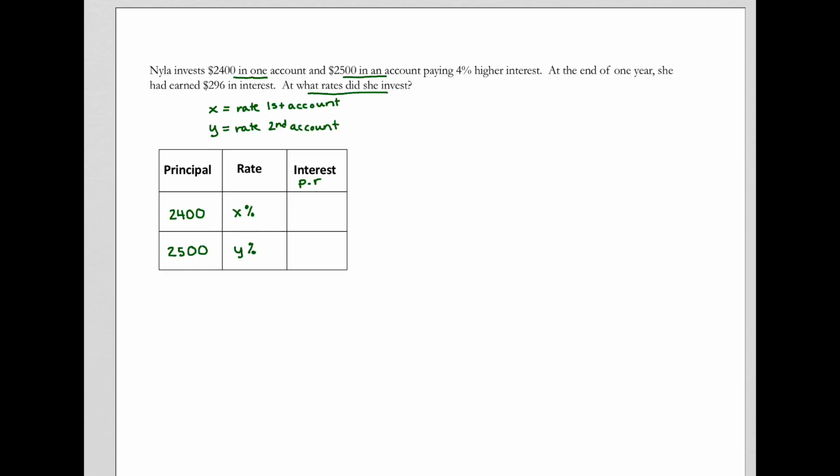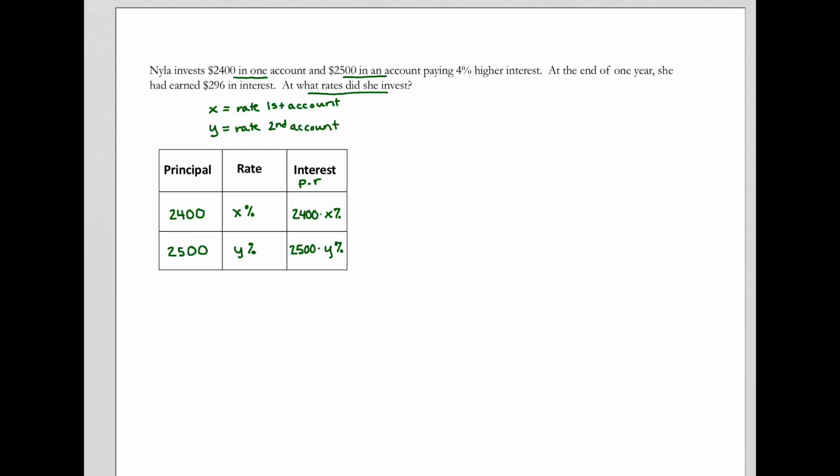The interest comes from taking $2,400 times X%, so I'll write $2,400 times X%, and we're multiplying those, and $2,500 times Y%.